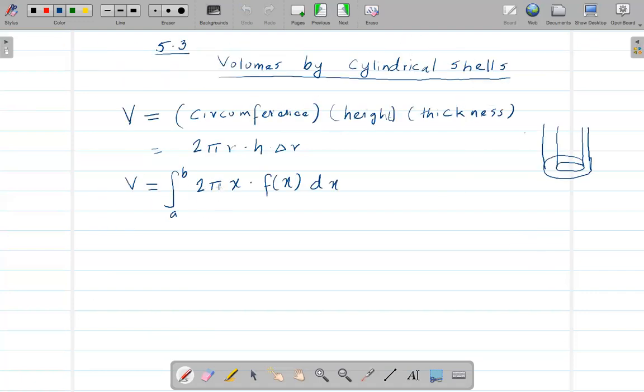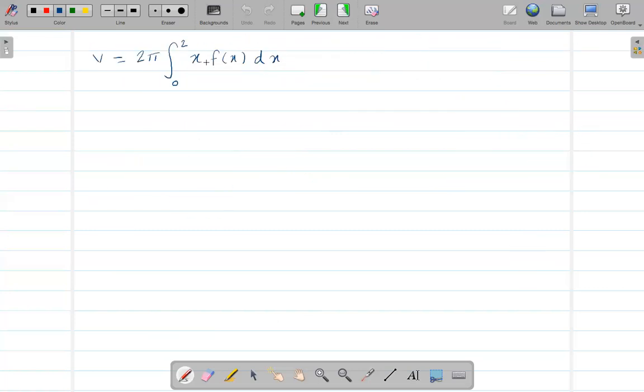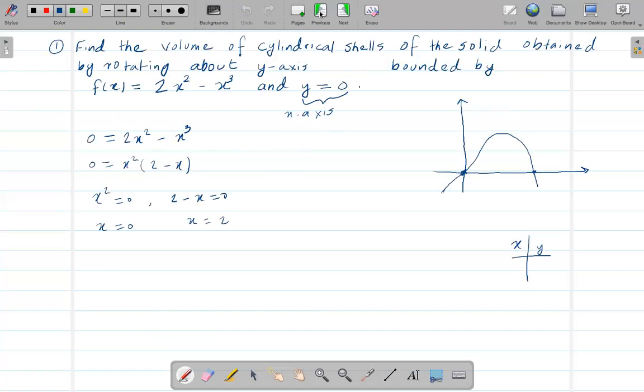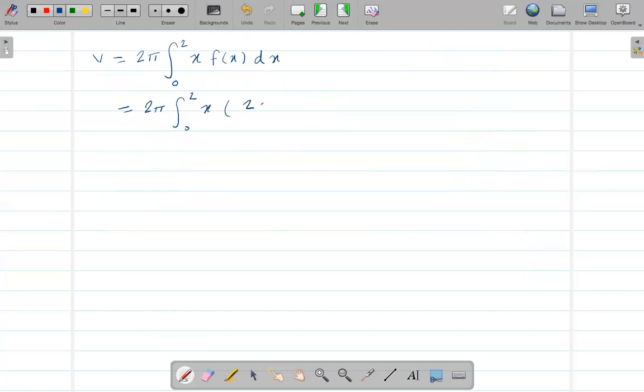I can bring this 2 pi out. So x f of x dx. Now, 2 pi times the integral of x times f of x, and we said f of x is this, so 2x to the power 3 minus x to the power 4 dx.